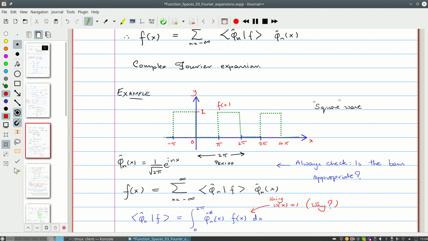if I superimpose a sine wave on this, let me use one of these colors, I'm going to take a sine wave that's moved up by half. So here's a sine wave. That's a horrible sine wave.